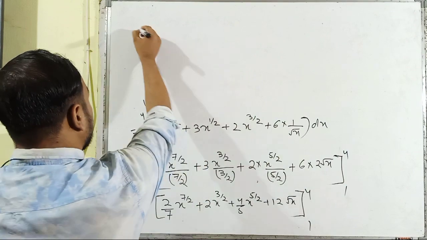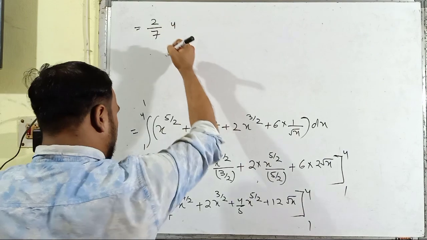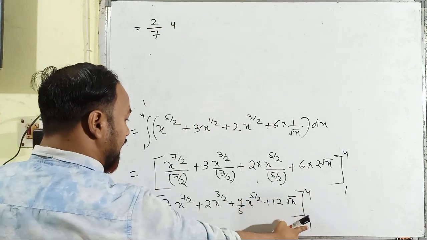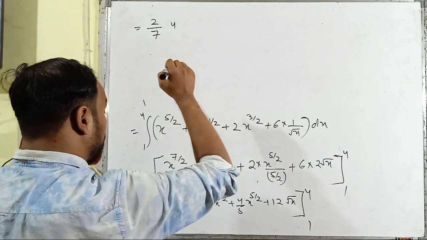Now putting these values here, we get 2 upon 7. First of all we put the upper limit 4 in place of x, then minus 1 to the power 7 by 2.